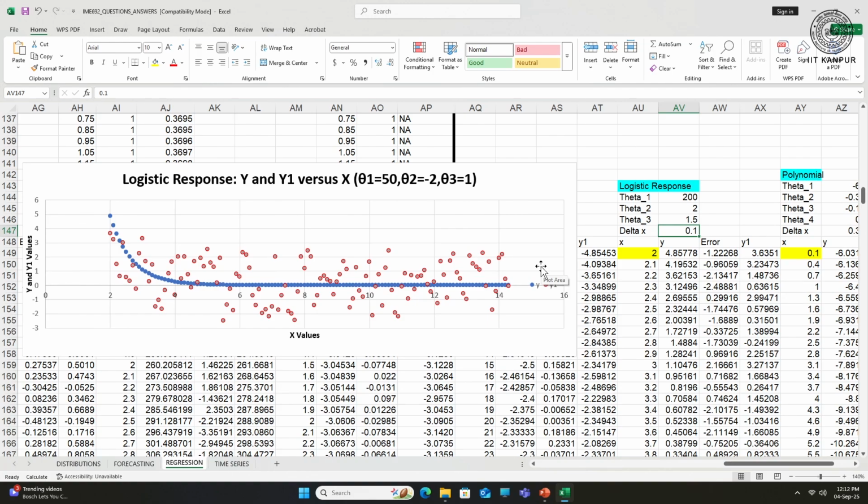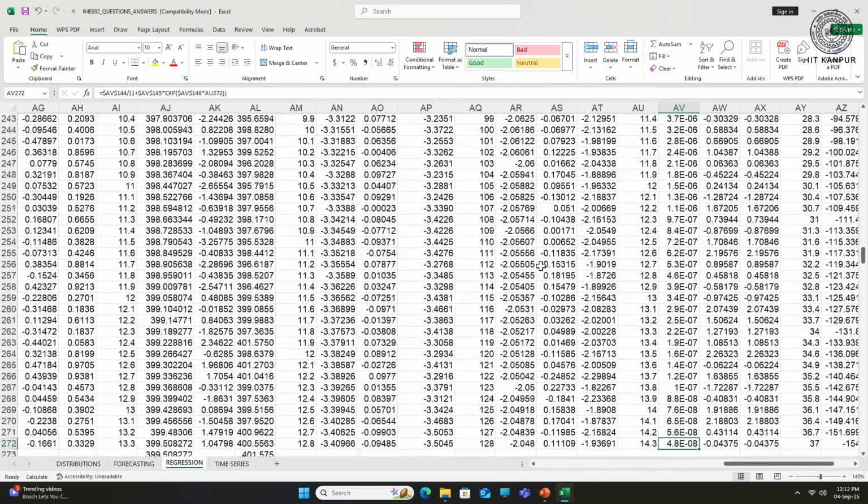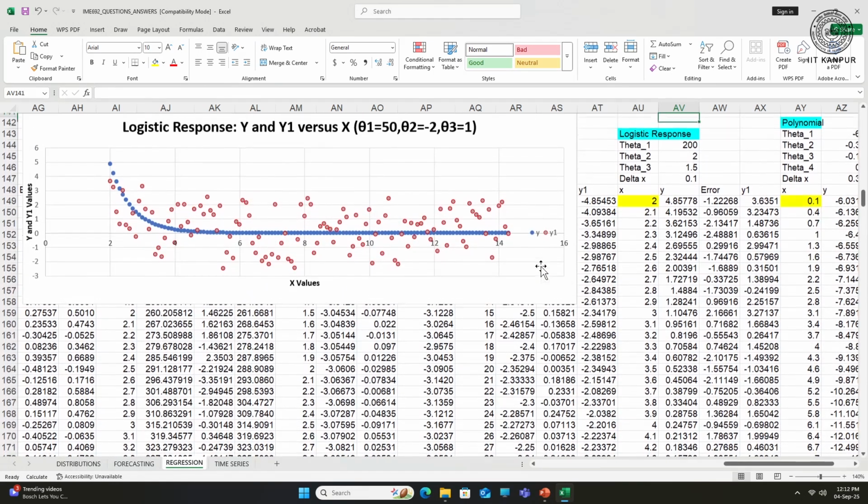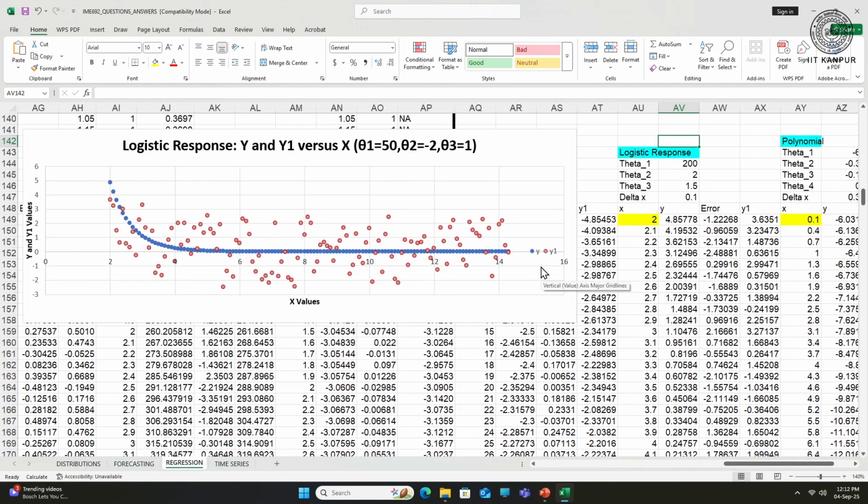In this case the value of theta 1 was 200, but that in the asymptotic sense would not be the value of y, because there is a positive theta 3. Positive theta 3 means the denominator will increase and become infinite. So whatever the value of theta 1, y will tend to 0.